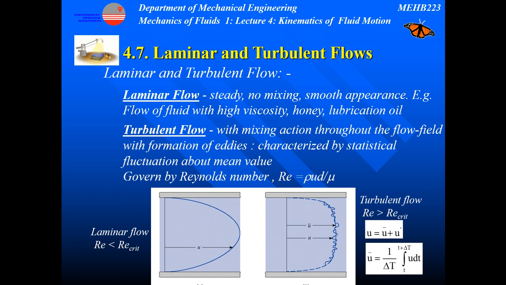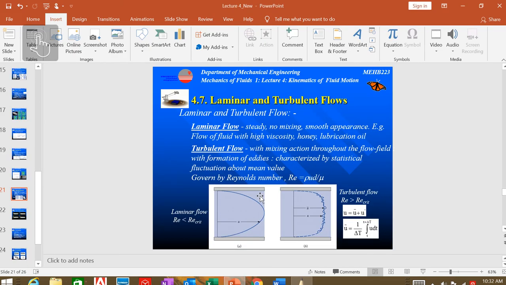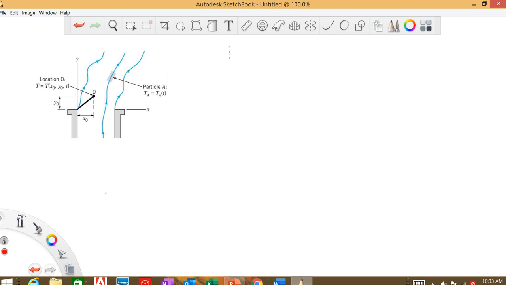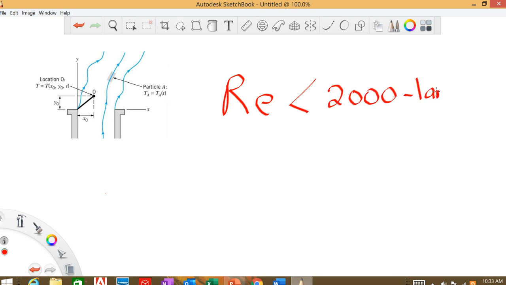so for practical purpose, if the Reynolds number is less than 2000, the flow is said to be laminar.